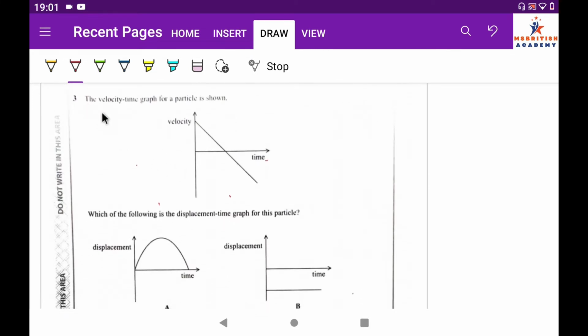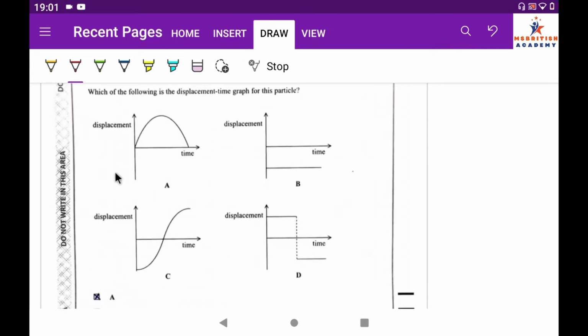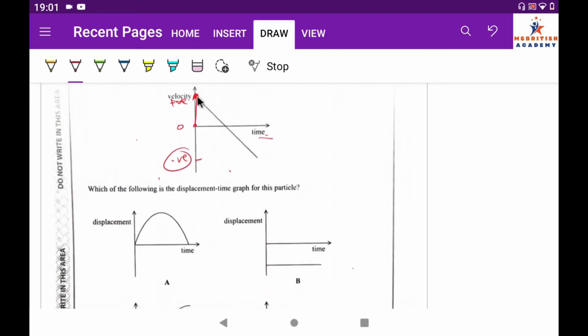Now question number 3. A velocity time graph for a particle is shown. Velocity versus time. In this graph we can understand that velocity is first positive, then it's 0, and later on it becomes negative. So which of the following graphs shows this one?